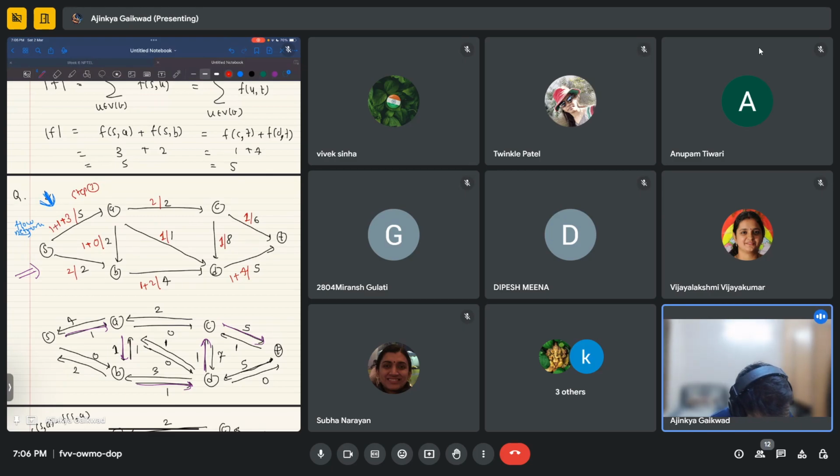So 1 plus 1 plus 1 plus, wait, I think I drew something wrong. So I increased here. I go from D to C with 1. What did I do wrong here?